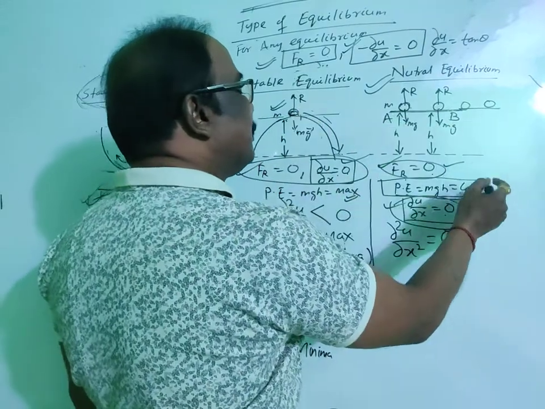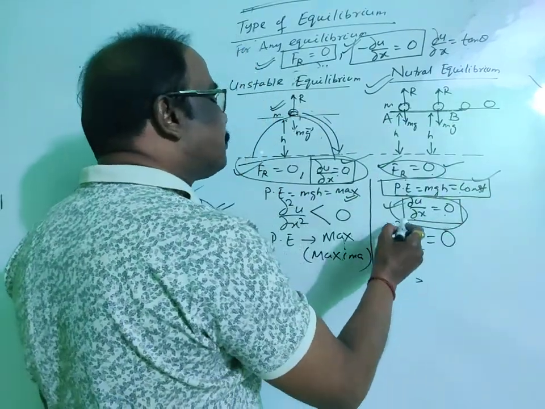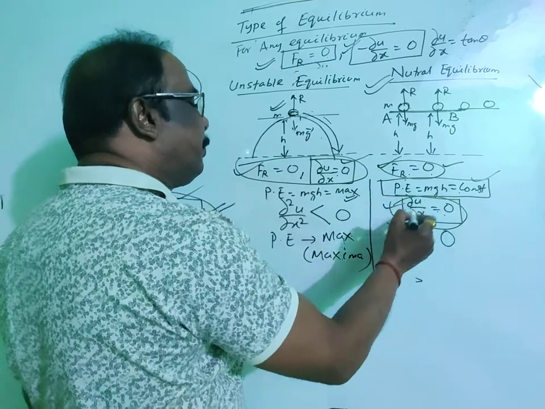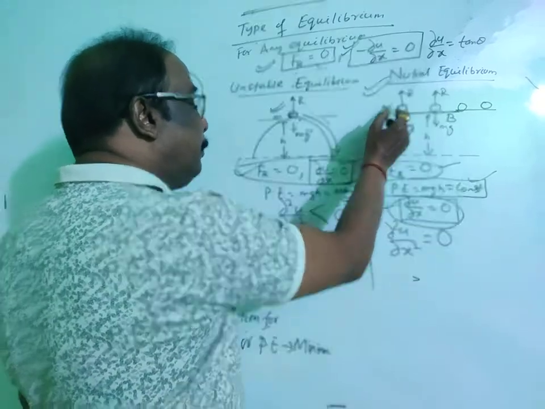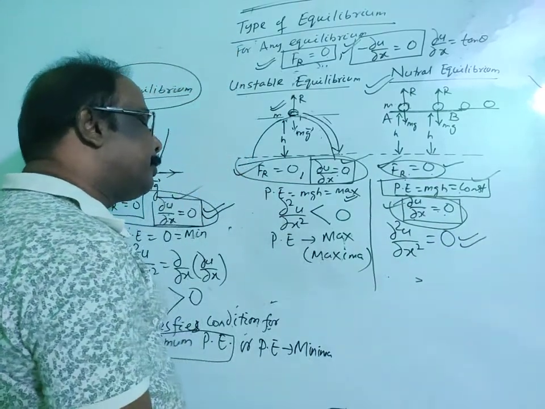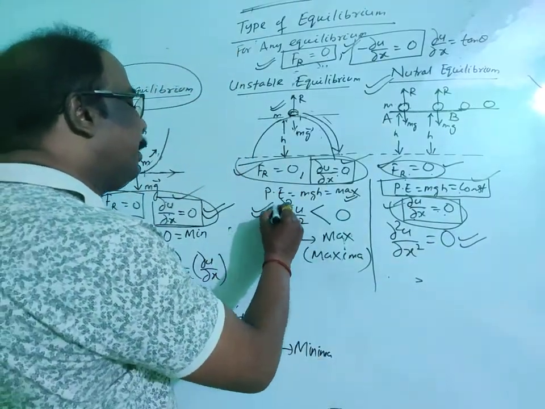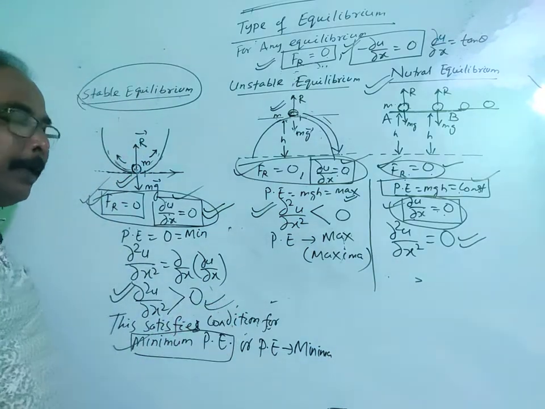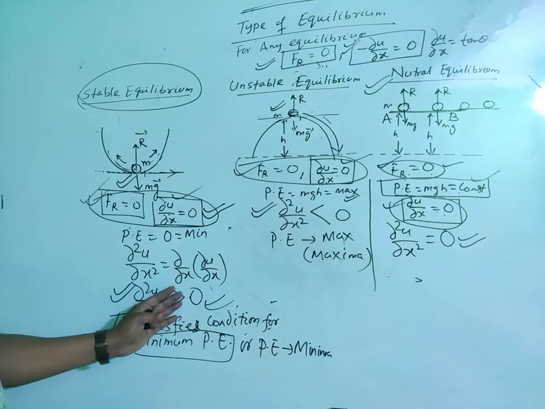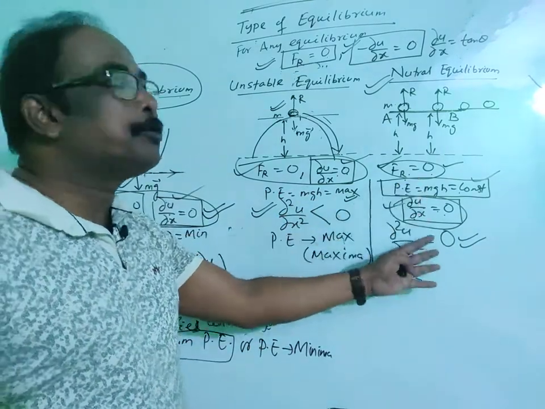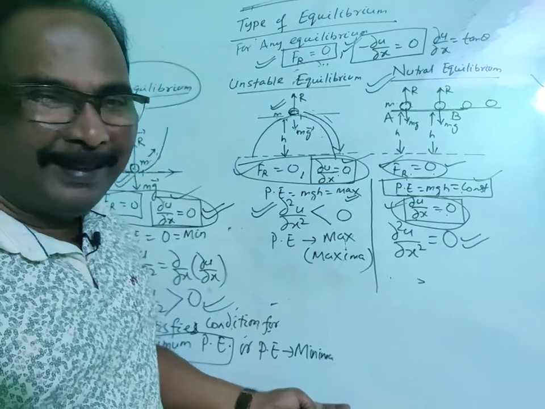In this case also the resultant or net force is 0, du by dx is 0, but the condition for neutral equilibrium is d square u by dx square is 0. Here d square u by dx square is less than 0, here it is greater than 0 (minima), less than 0 (maxima), and this is only 0. Is it clear?